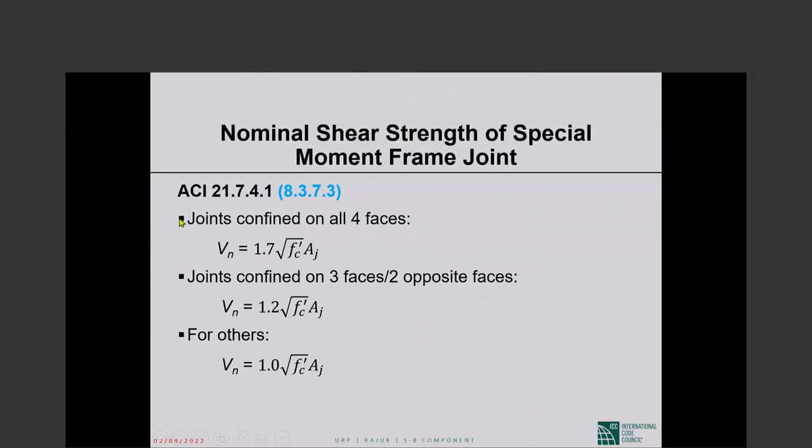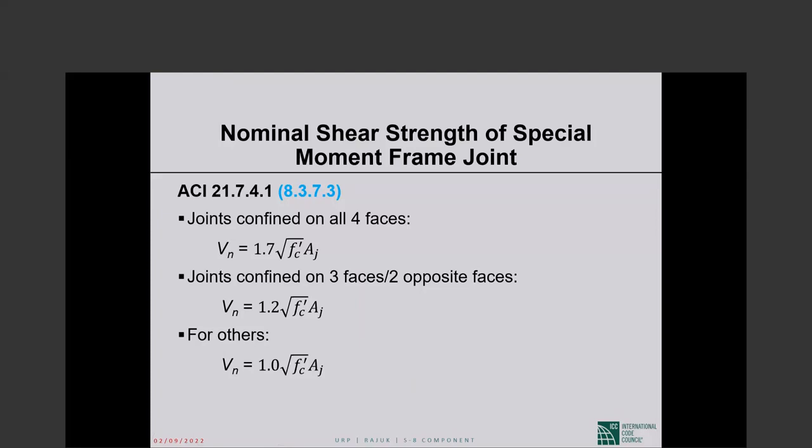Okay. So that shear cannot exceed phi times V sub n, the shear carrying capacity of the joint. The joint is good for so much. If it is an interior joint, it says confined on 4 faces, 3 faces, etc. And I will tell you what confined means. But basically, if it is an interior joint, your nominal shear strength is 20 square root of F sub C prime times A sub J in our units.